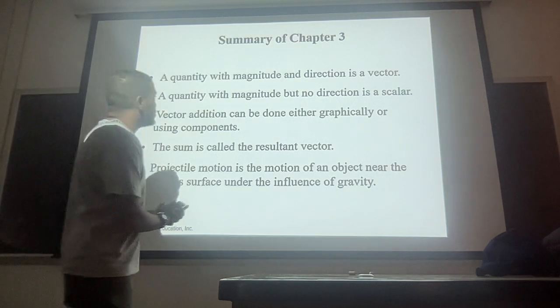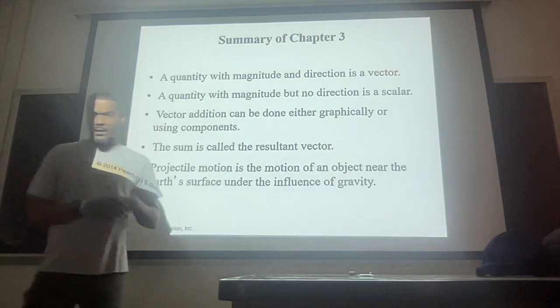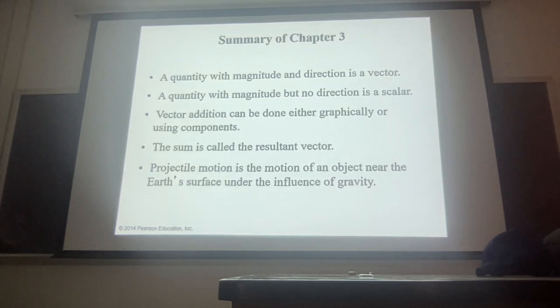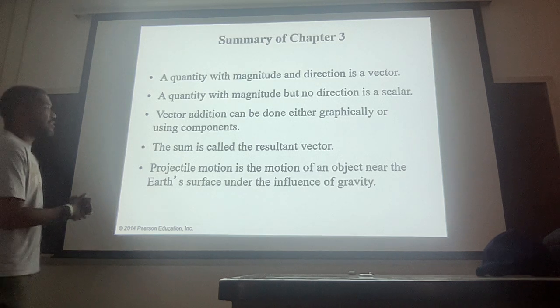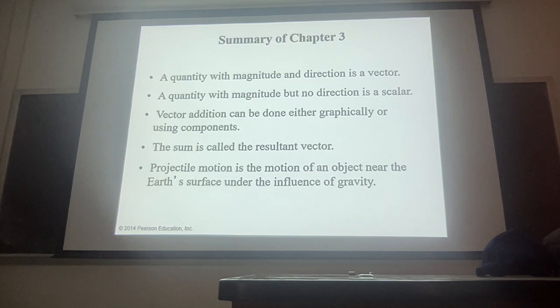So again, what's important is that a vector has a magnitude and a direction. A quantity with a magnitude but no direction is a scalar. Vector addition can be done either graphically or using components, and the sum is called the resultant vector.